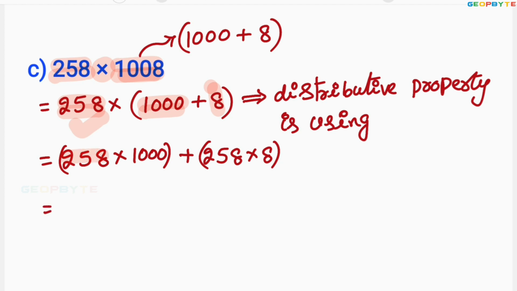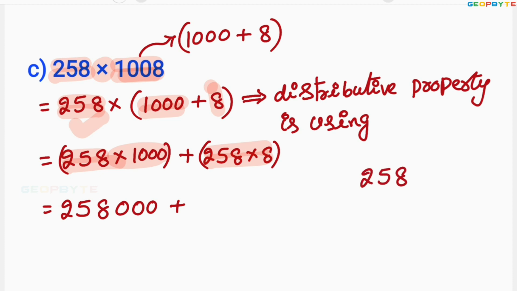This 258 into 1000 I can write as 258000 plus 258 into 8. 258 multiplied by 8.